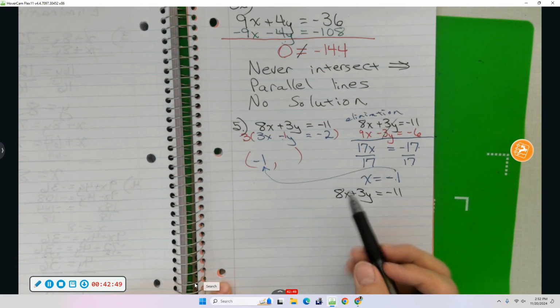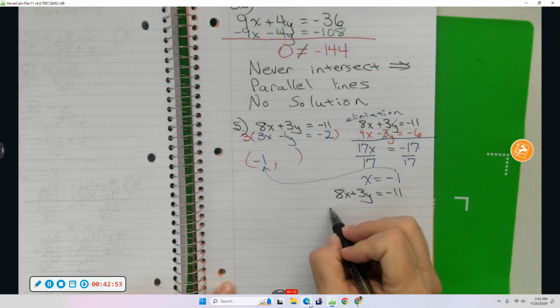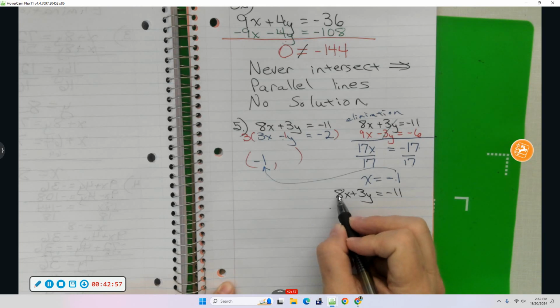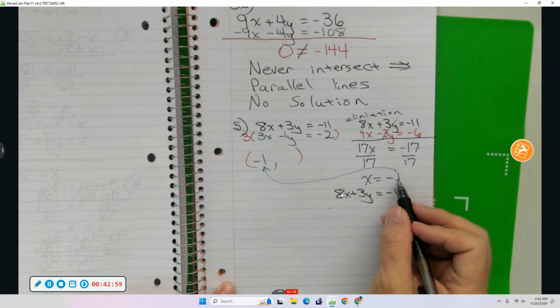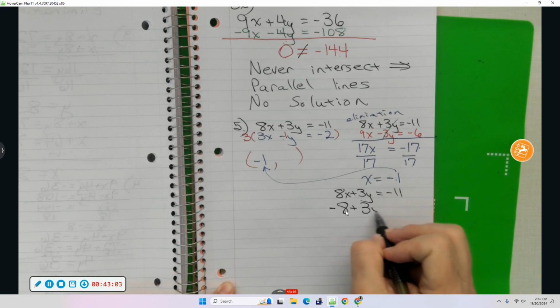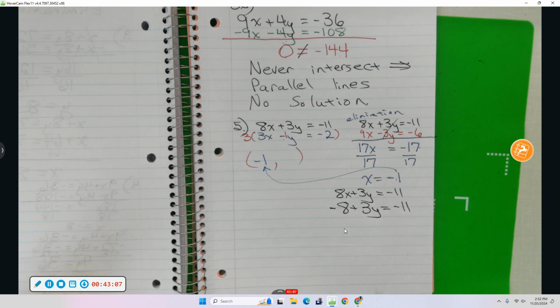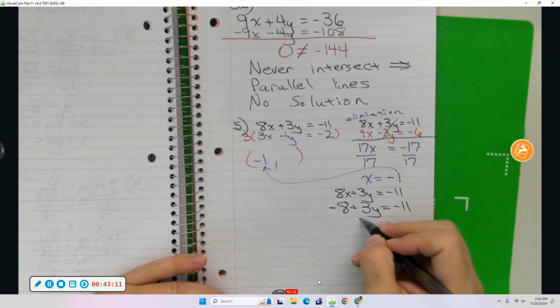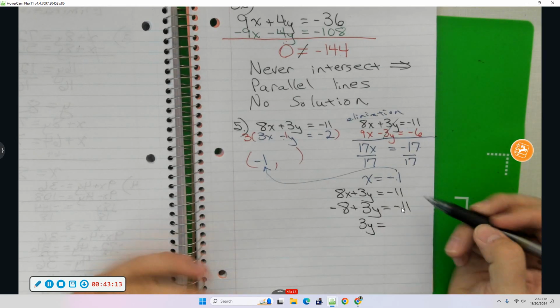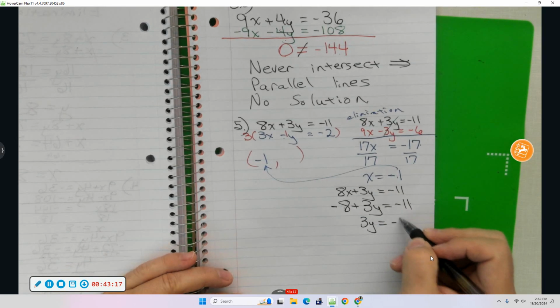Here we go. 8 times negative 1 gives me a negative 8 plus 3y equals negative 11. Add 8 to both sides to give me 3y equals negative 11 plus 8, which gives me a negative 3.